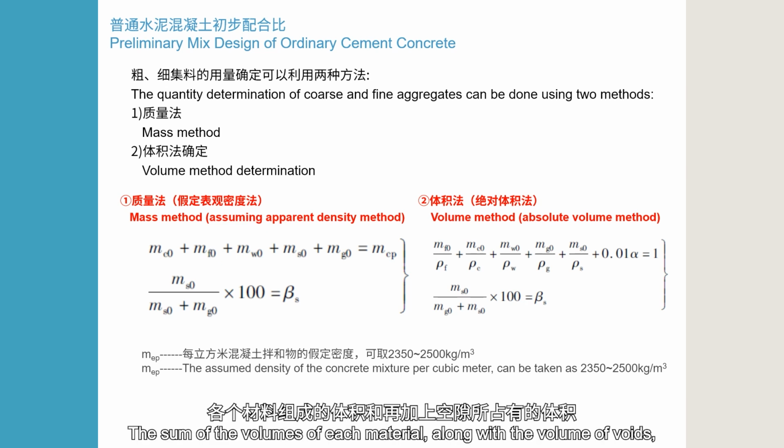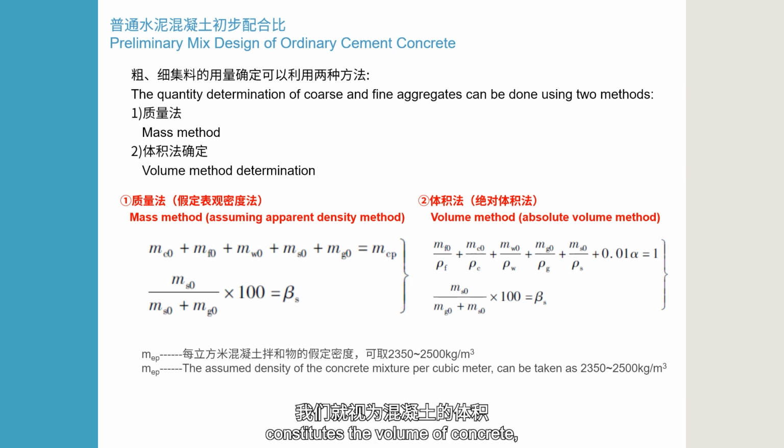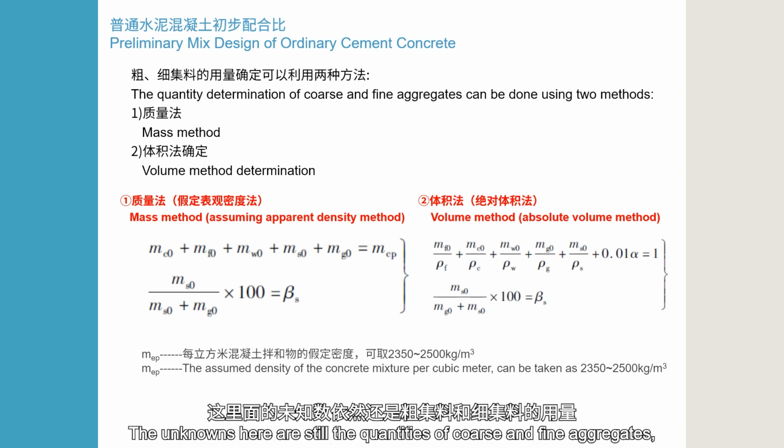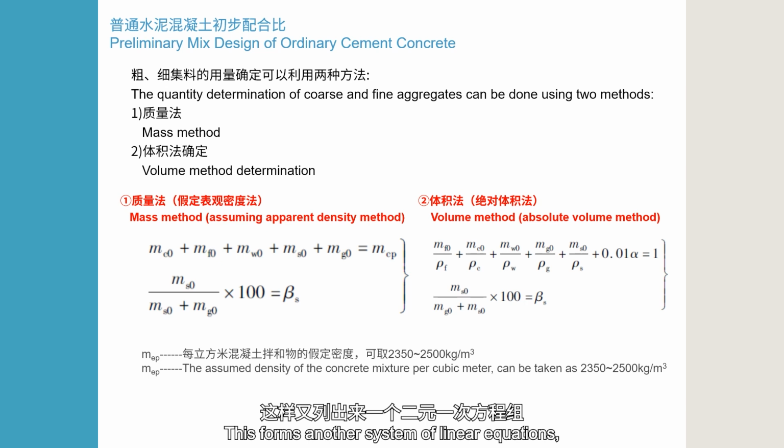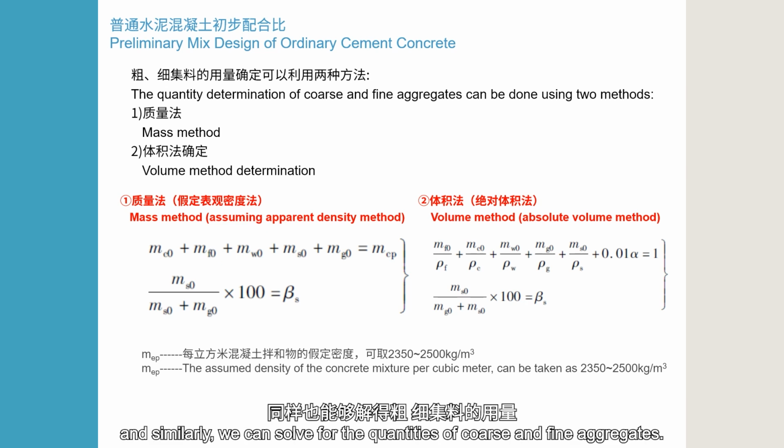The sum of the volumes of each material, along with the volume of voids, constitutes the volume of concrete, which is considered as 1. The unknowns here are still the quantities of coarse and fine aggregates, and their relationship can also be reflected using the sand ratio. This forms another system of linear equations, and similarly, we can solve for the quantities of coarse and fine aggregates.